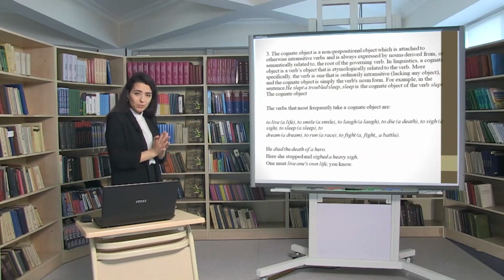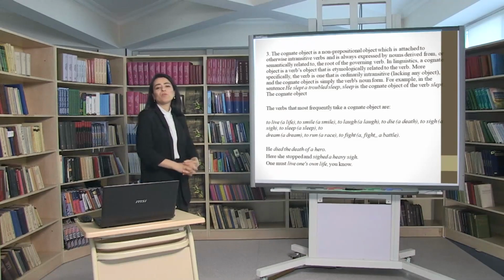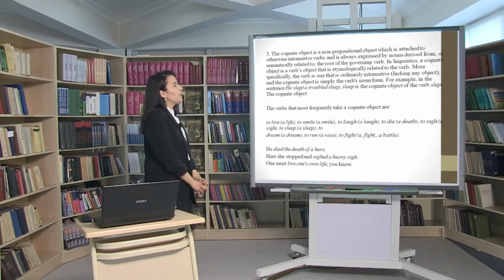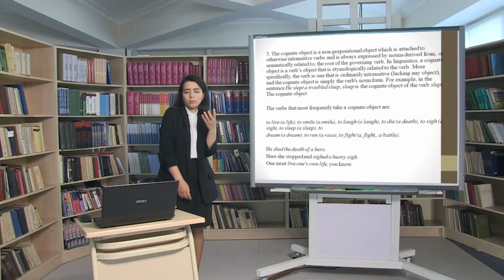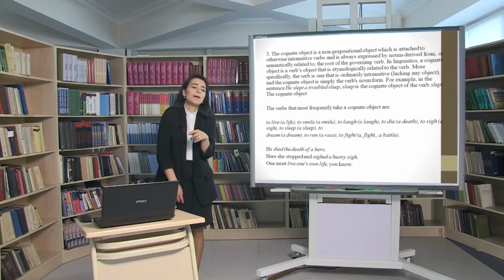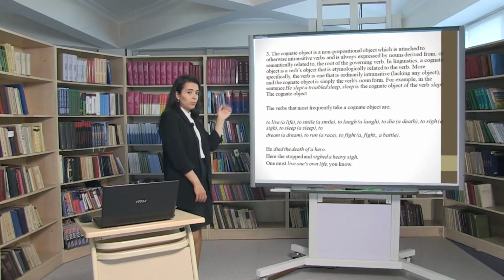And the last type of object is the cognate object. I think it's a very new term for you, because I think you haven't studied this type of object anywhere.